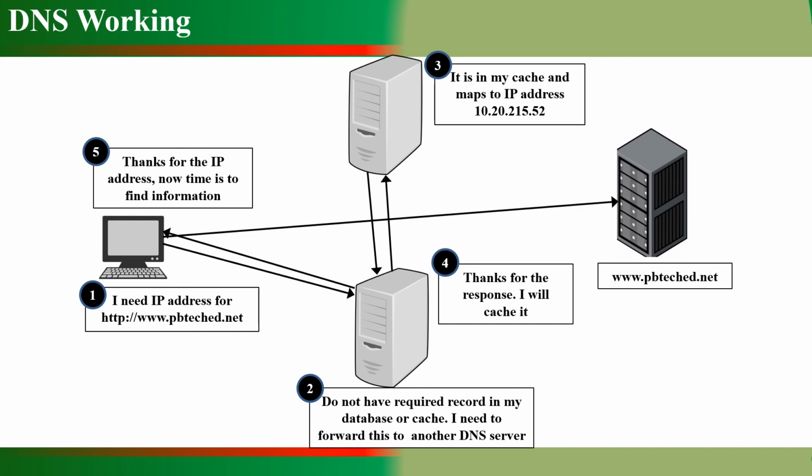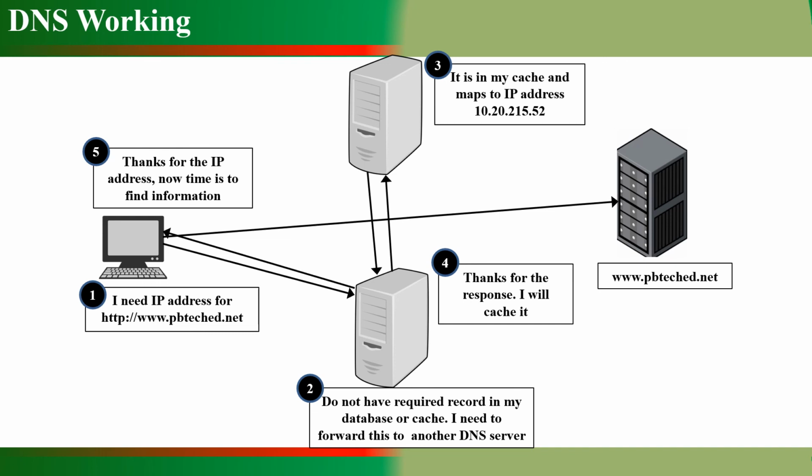So the first step is to locate the IP address for that system. The second step is to check the IP address of that system in its own database or cache. If it is found, then it can exchange information with that system. If it is not found, then it will forward the request to another DNS server.